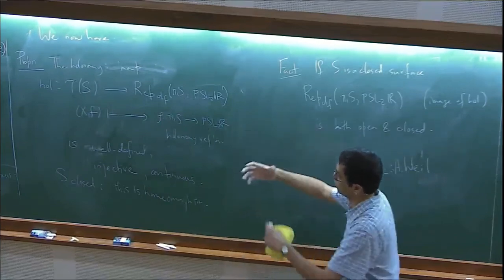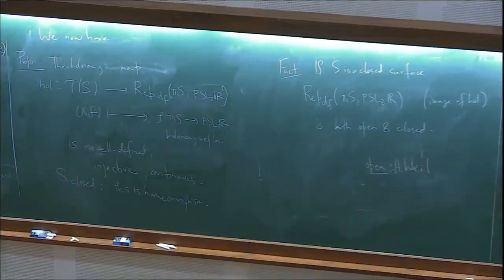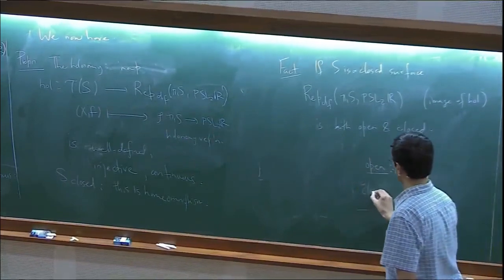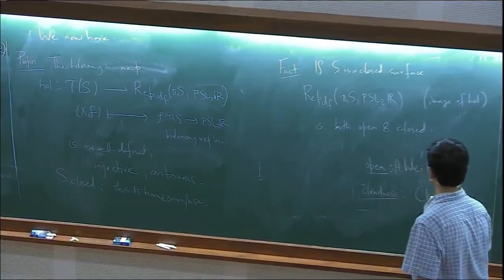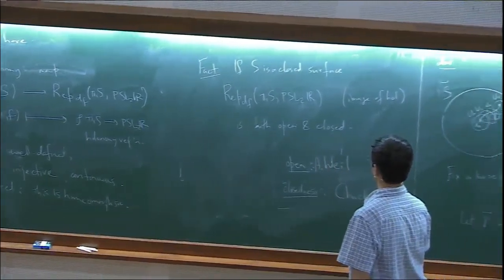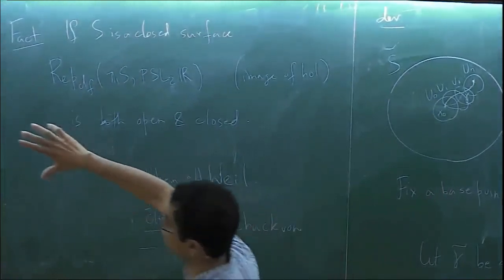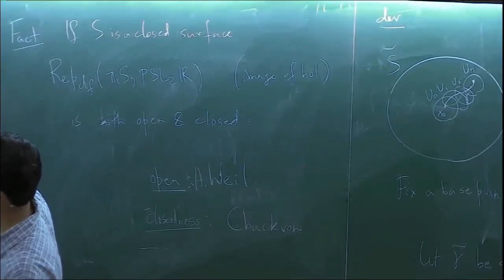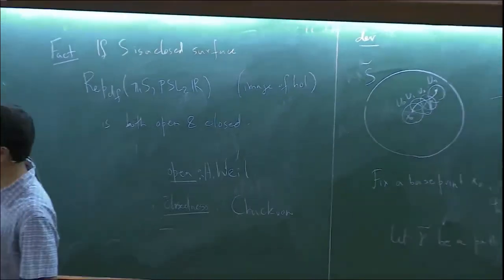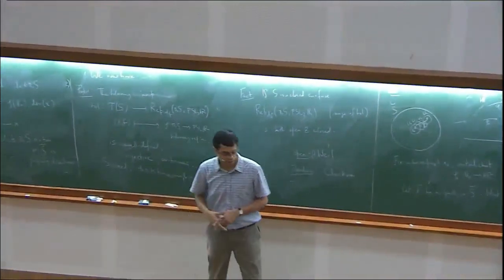As you explained, this is an open ball, and you get an image which is open. And closedness is a theorem of Chakro. In any case, this forms a nice subset of the representation variety, which you identify with Teichmuller space. So this is another way of thinking about Teichmuller space. All right, I'll stop here.